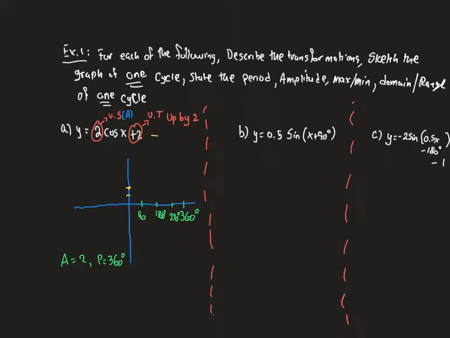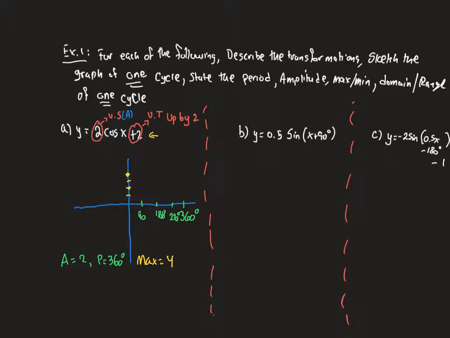But because of the vertical translation, I went up another 2. So that should be my maximum. So my max is 4.